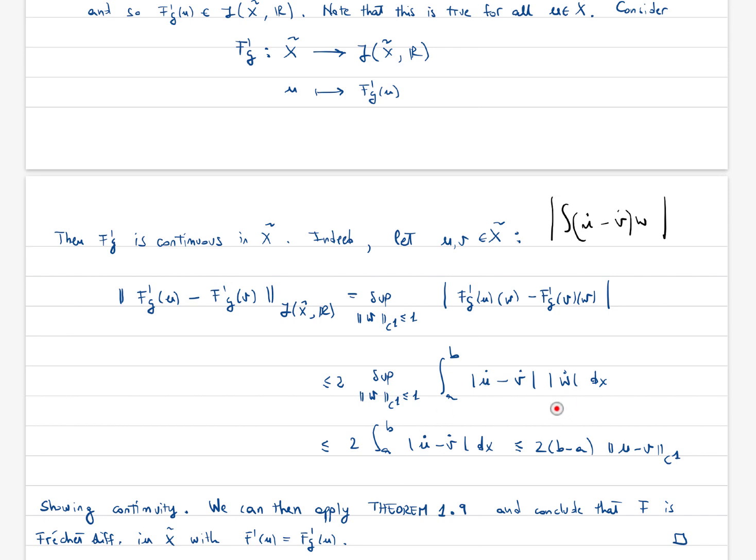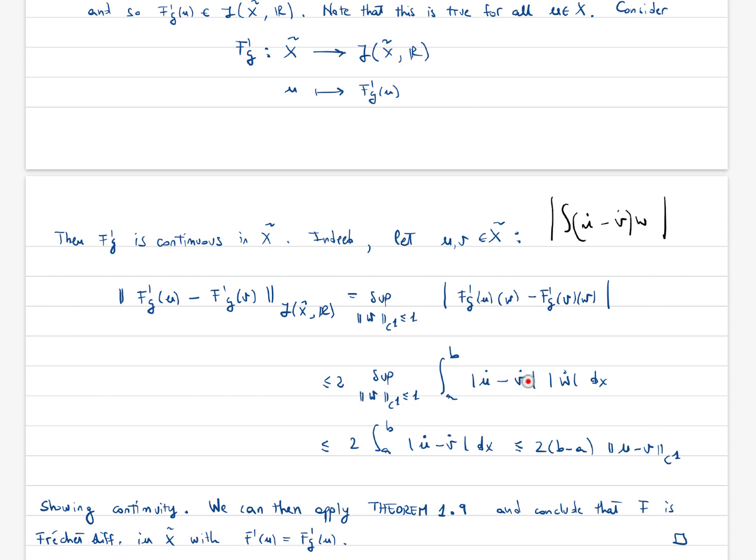And now here you can take outside the C1 norm of w, because here you have w dot, and recalling that the infinity norm is less or equal than 1 in this supremum, so this is always less or equal than 1, and you're left with this guy here, which you can take outside as the supremum, so you get the norm C1 of u minus v times the integral of 1, which would be b minus a in this case.